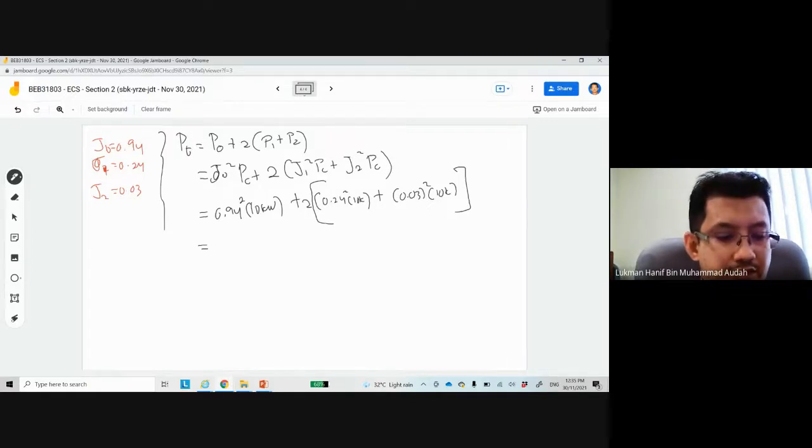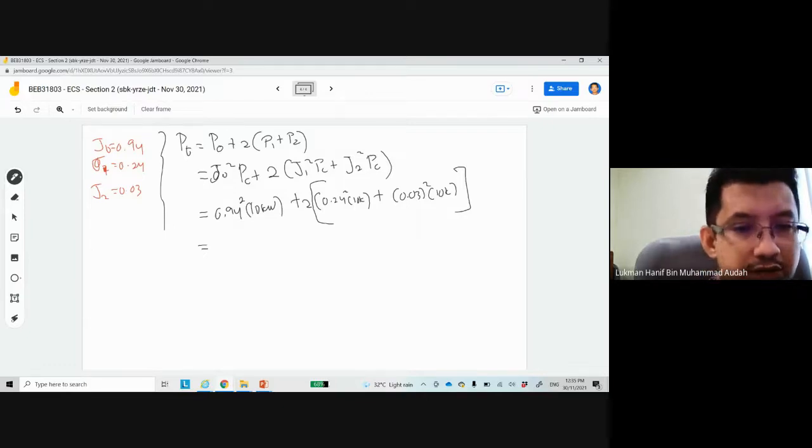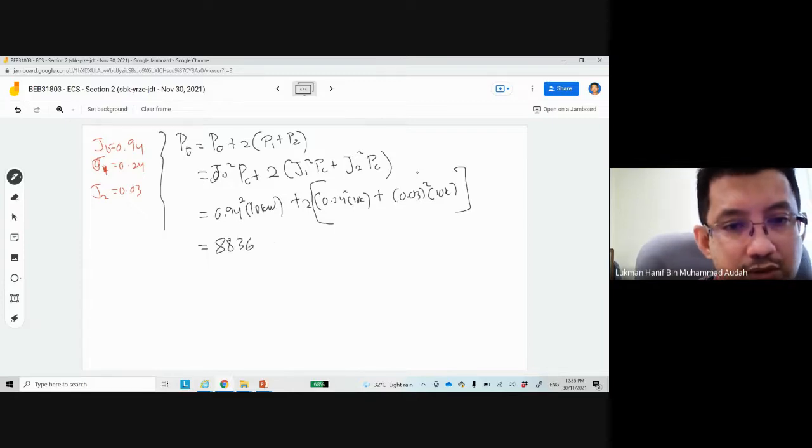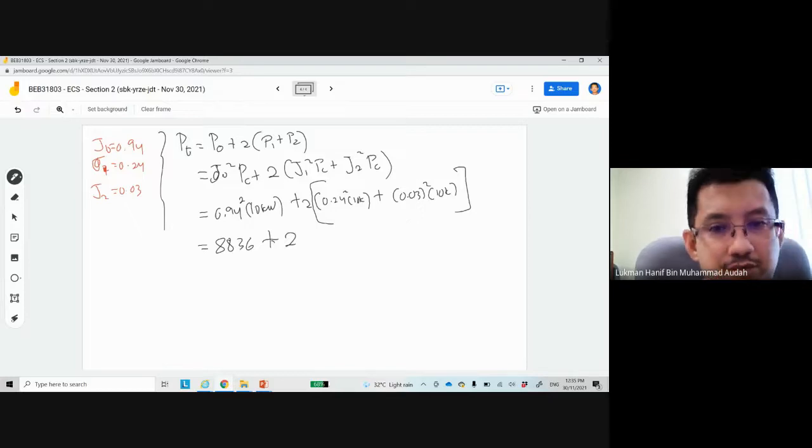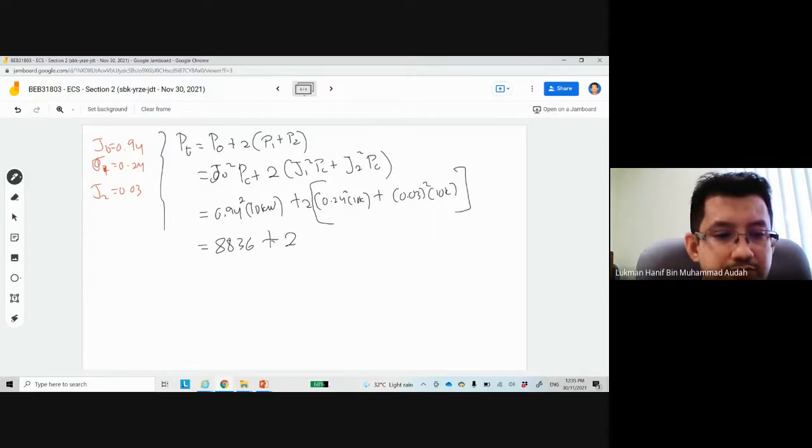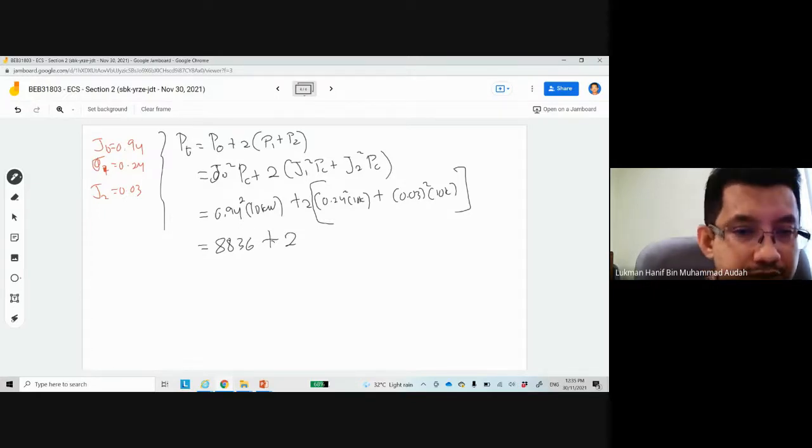So here is 0.94 square times the 10K. So this is 8836 plus 2 times ini berapa? So 0.24 square times 10K plus 0.03 square times 10K. 585.